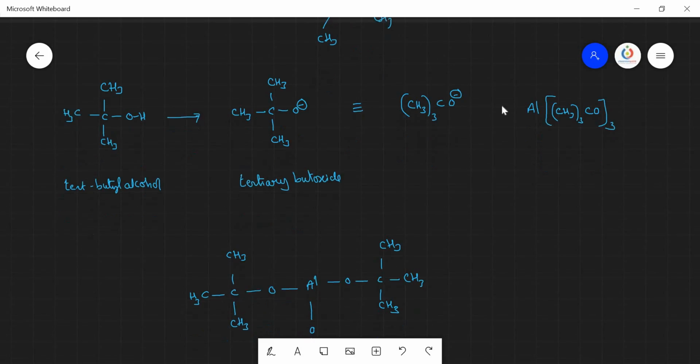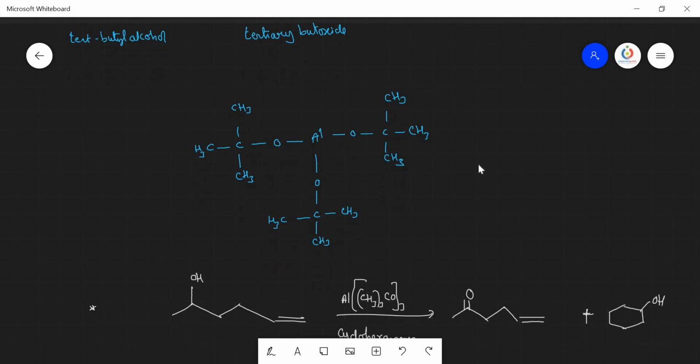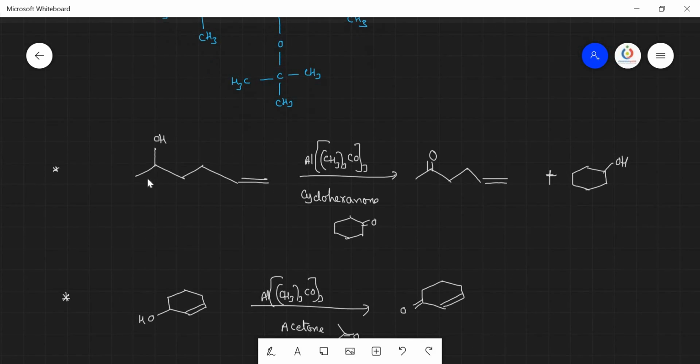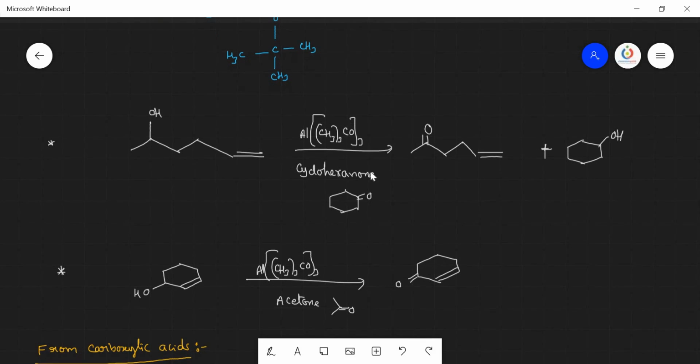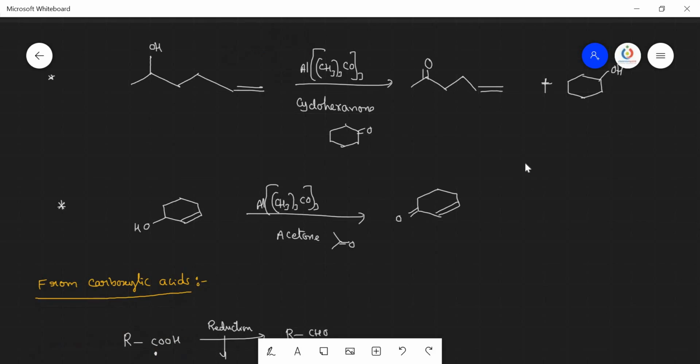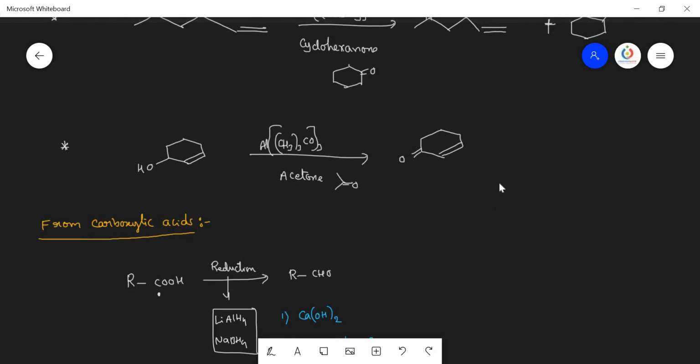This is the molecular formula, and the structure is like this. So when you take the secondary alcohol with cyclohexanone and aluminum tertiary butoxide or isopropoxide, the secondary alcohol part will be oxidized to the ketone, and the ketone will be reduced to the alcohol, and no unsaturation gets affected. These are all examples.